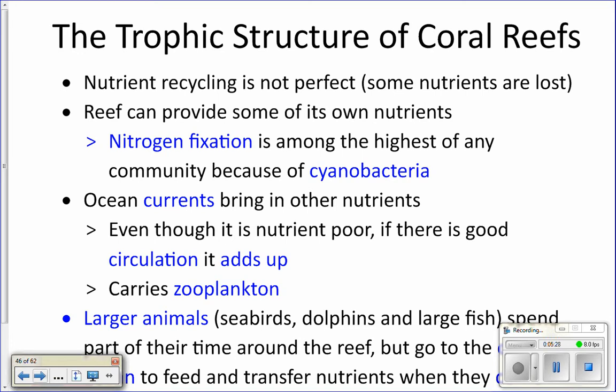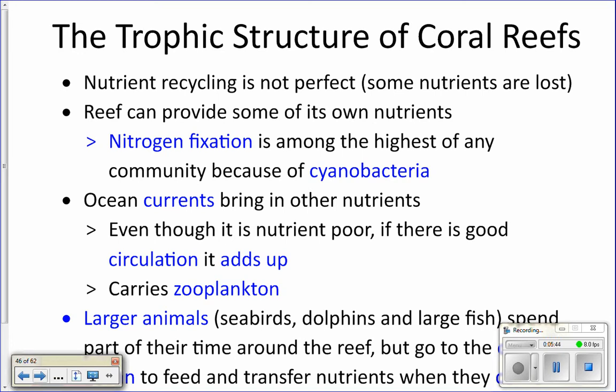So cyanobacteria are one of the few things in the world that can actually do this, and you do get a lot of cyanobacteria that live on reefs, and so the cyanobacteria can do nitrogen fixation and actually provide some of the nutrients to the reef.